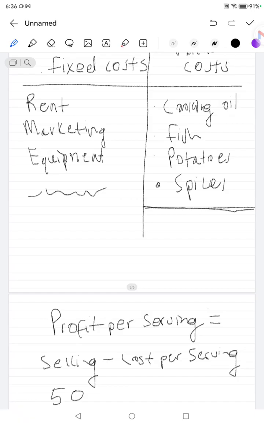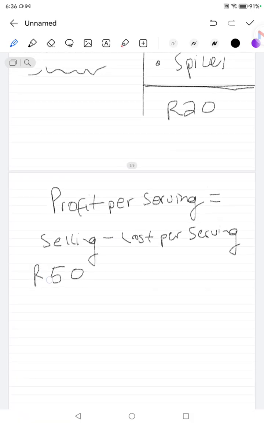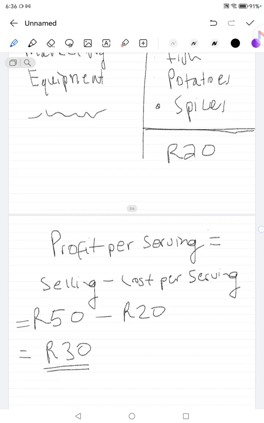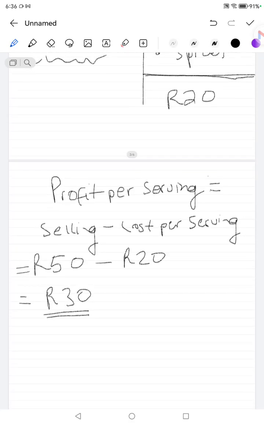So let's just round this up and say they're costing 20 rand. So you consider, okay, now I'm going to make my selling price 50 rand, then the cost for those ones would be your 20 rand. So now you know that you're going to get a profit of 30 rand, you see. So it means now your business is at least maybe doing well.